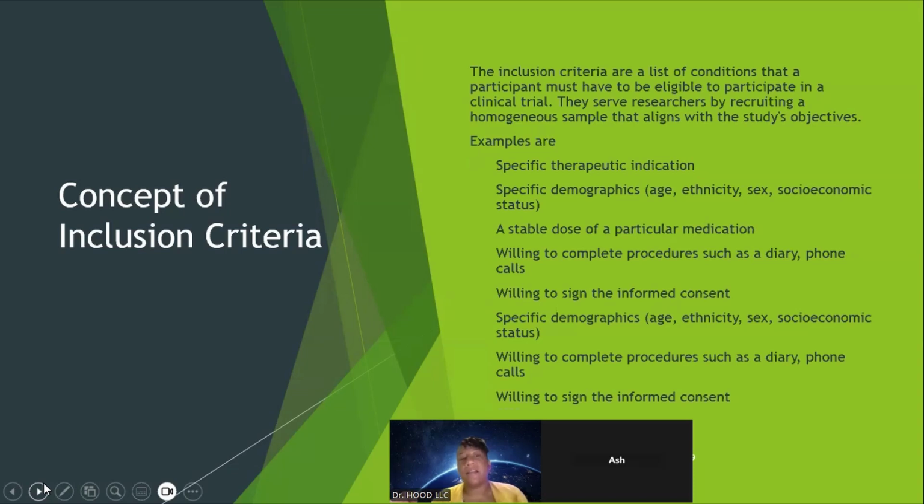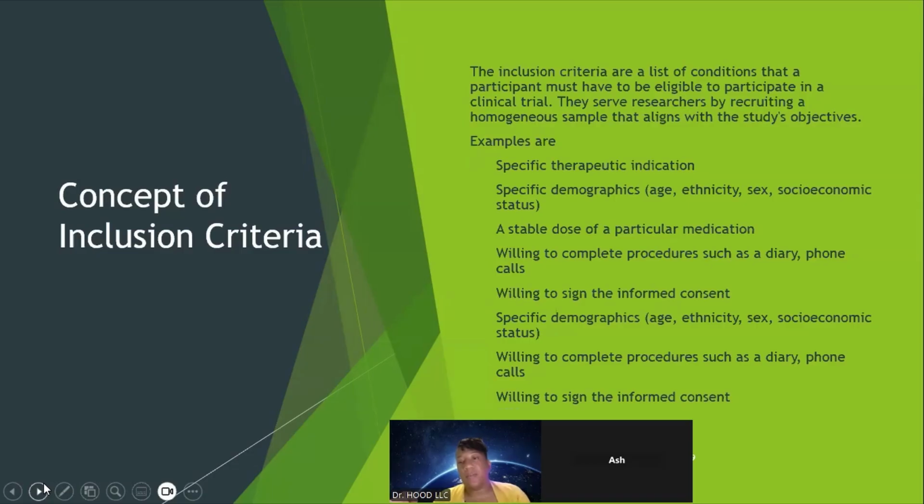Sometimes the patient can be on the drug, but not for long enough. Whether stable dose is defined as at least 3 months, 30 days, or 1 year, whatever's defined in the inclusion criteria, they must have. They can't just be on the medication; they have to be on a stable dose of it.